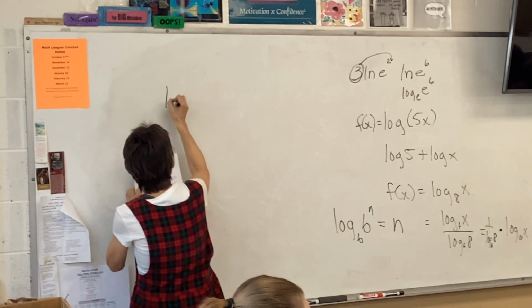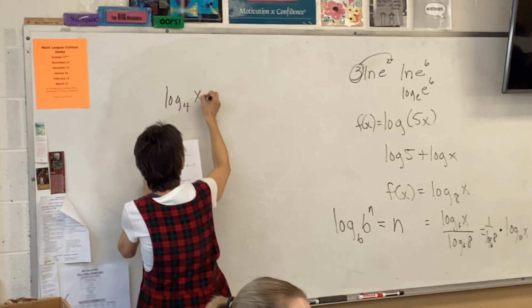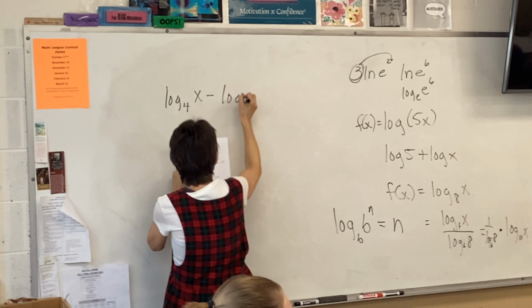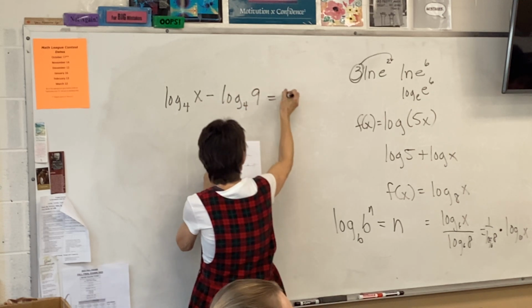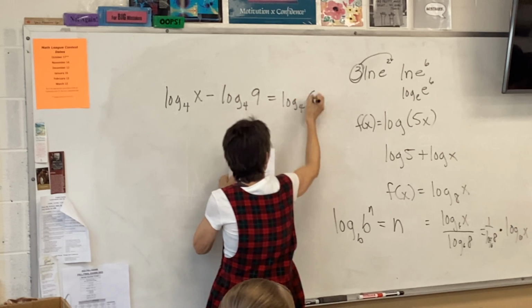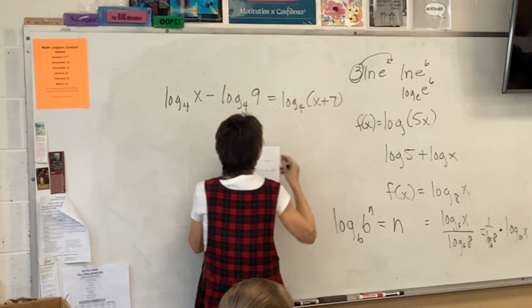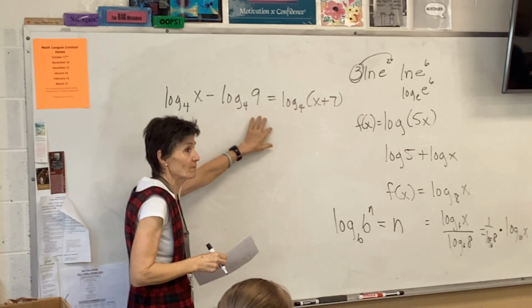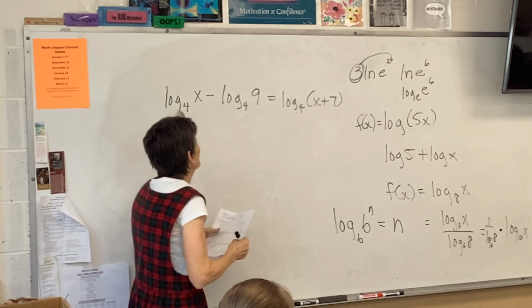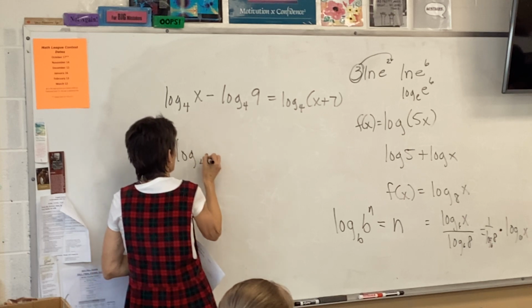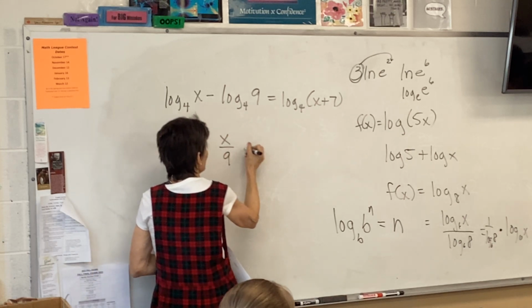Oh wait, before I can put them together, I need to deal with that 2. So that 2 is an exponent. So that second term is really log base 4 of 9 because it's 3 squared. Now I can put them together. X over 9.